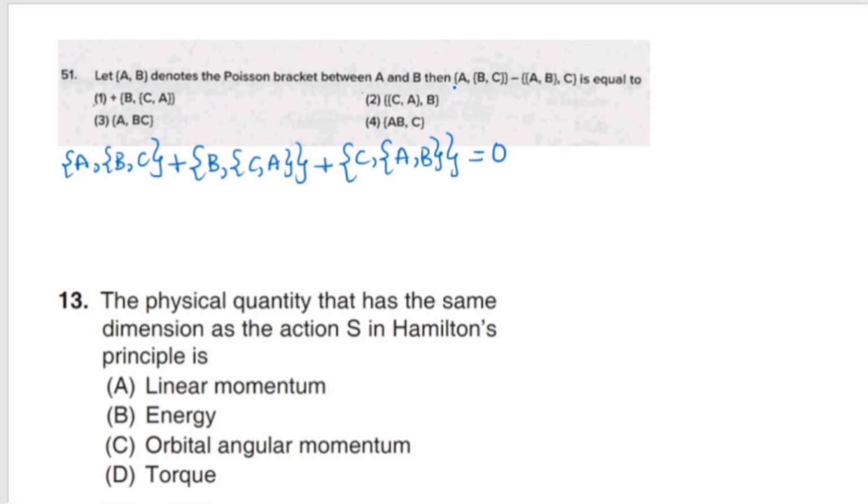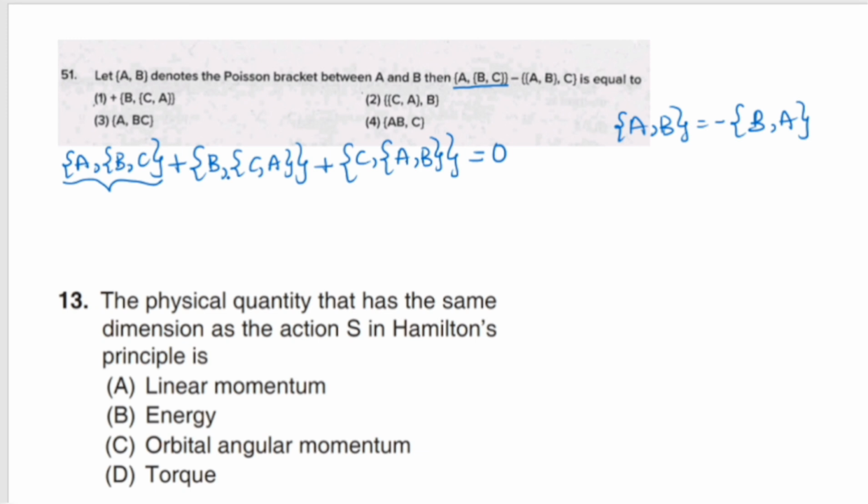First, what we have? Poisson bracket of a comma b comma c, right? Here this only we have, minus of Poisson bracket of a comma b comma c. See, the Poisson bracket does not follow the commutative property, that is Poisson bracket of a comma b is minus of Poisson bracket of b comma a. That we know, that I have explained in the previous video, you can go and watch.